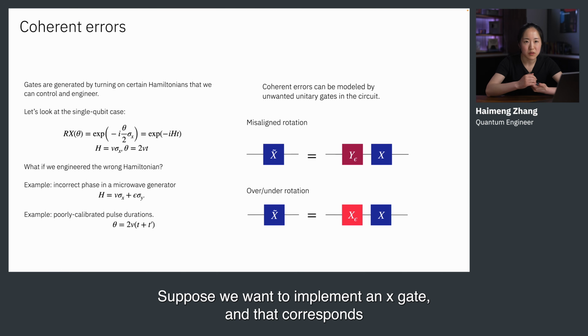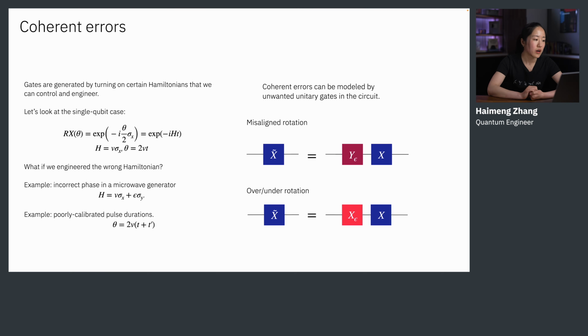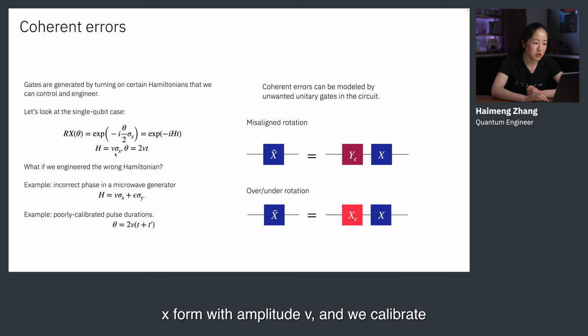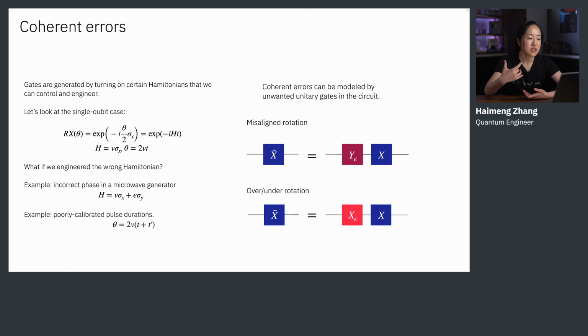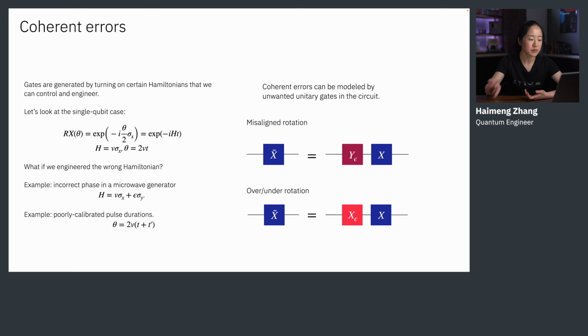Suppose we want to implement an X gate, and that corresponds to rotation around the x-axis by angle pi. What we do in practice is turn on a Hamiltonian of sigma x form with amplitude v, and we calibrate the rotation axis and the rotation angle corresponding to the desired angle.